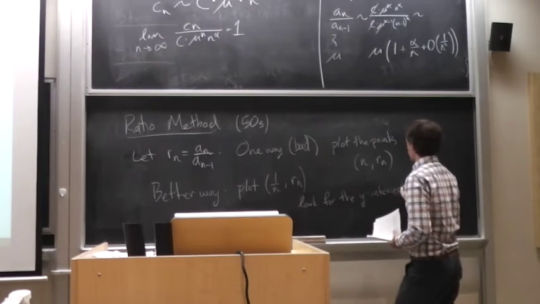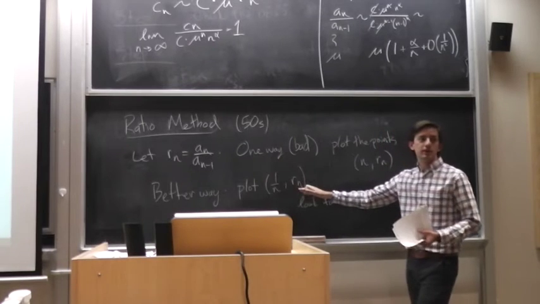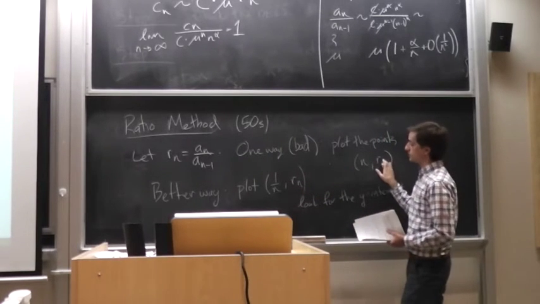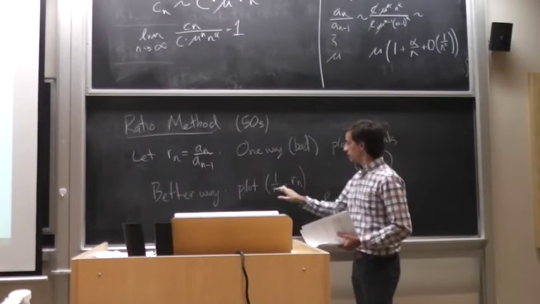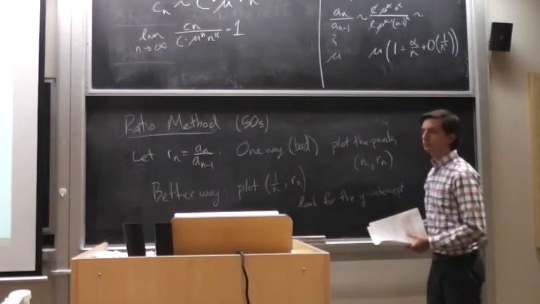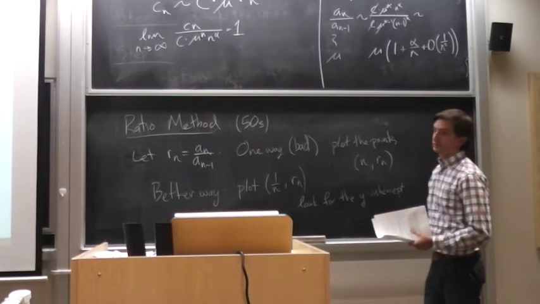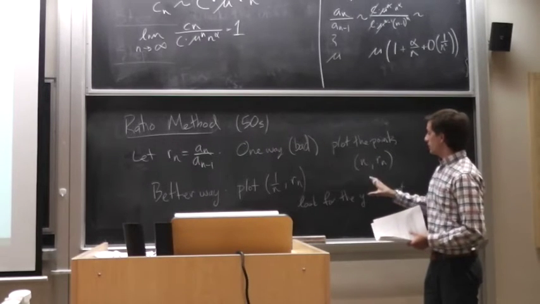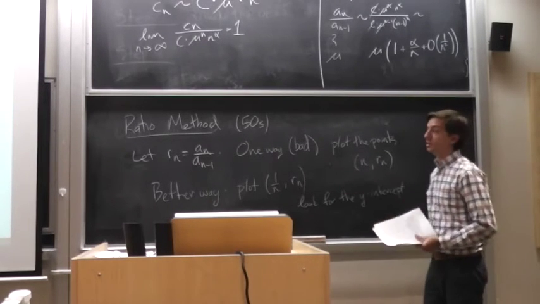This has nothing to do with these actually being ratios, it's just a factor of numbers. If you're looking for a horizontal asymptote, and you turn that x-coordinate from n to 1 over n, now you're looking for a y-intercept. Yeah, exactly. So this first step is going to help us estimate mu.